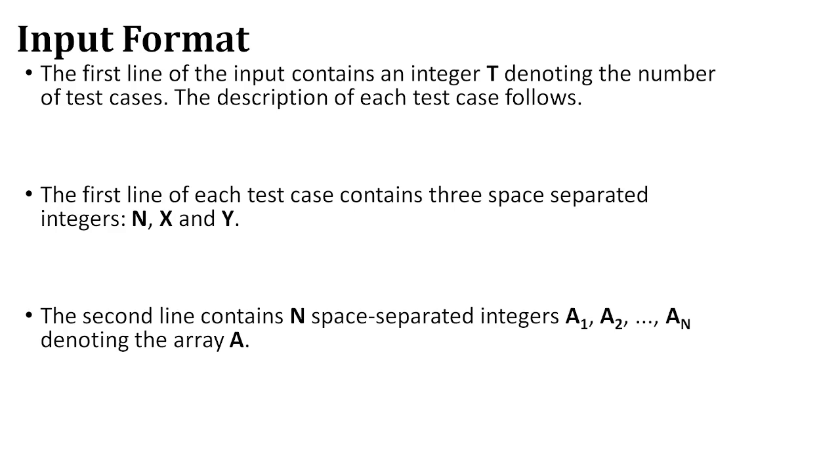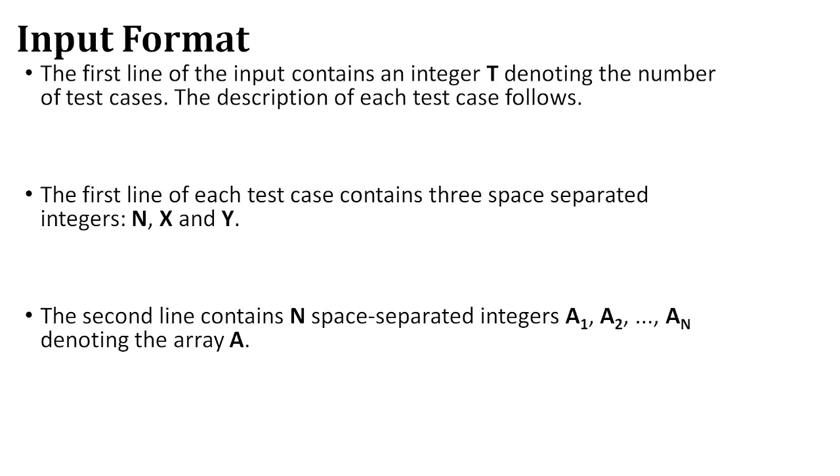The first line of the input contains an integer t denoting the number of test cases. The description of each test case follows. Obviously the first line of integer is mentioning the test cases. The first line of each test case contains three space separated integers n, x and y.